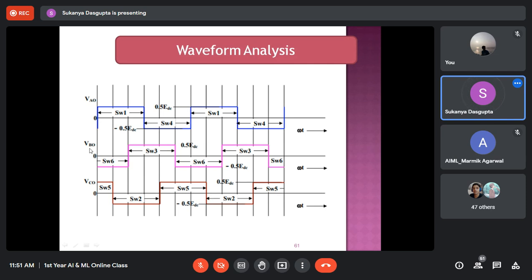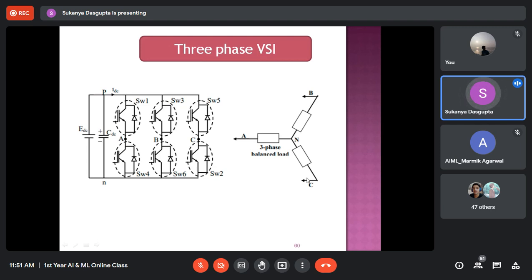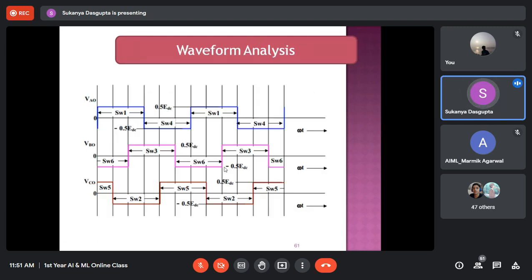Fine. Now phase voltage VBO. Here three balanced loads have been taken, so phase voltage VBO must be displaced by 120 degrees from phase A. See, this is 120, 2 pi by 3.